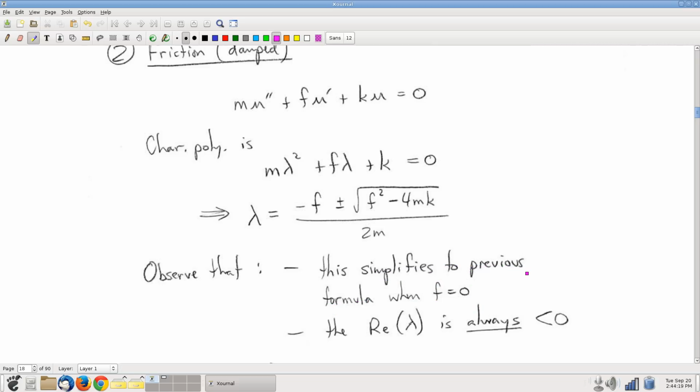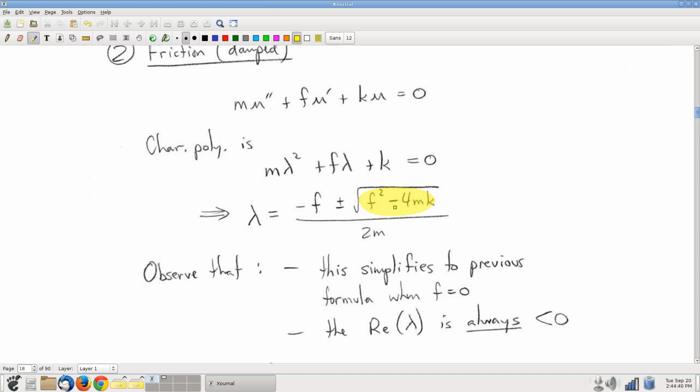The second thing I want to observe about this is that the real component of this is always negative. And that's not immediately obvious at a glance, but this is true. So there's two different possibilities that we would have to consider here. One is this value under here, as you might recall, this is referred to as the discriminant.